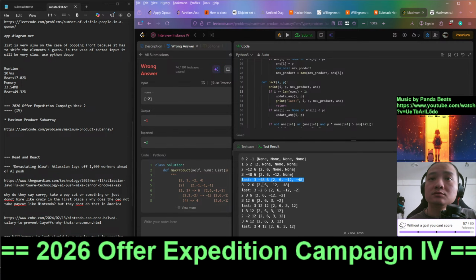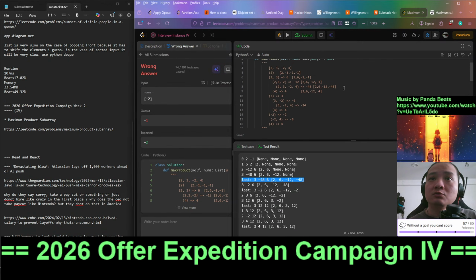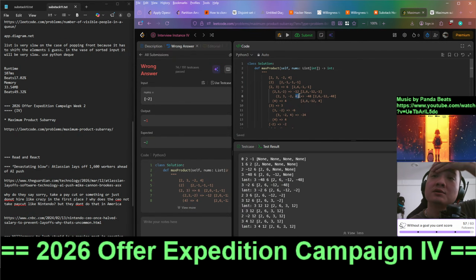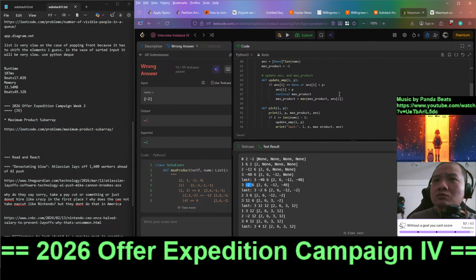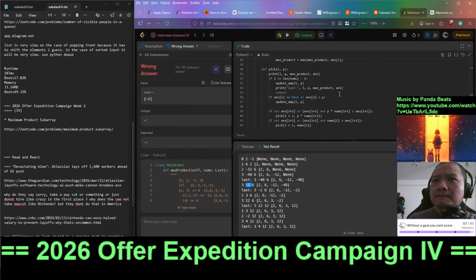Okay, so we go back to pick 4, right? Then why does it not go back to, this is negative 2. Why? 48, okay.